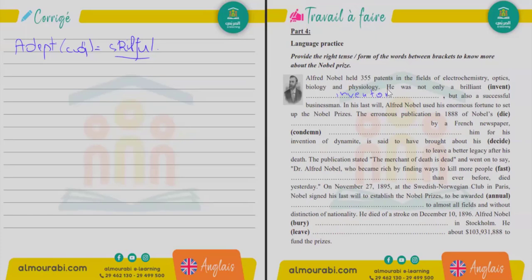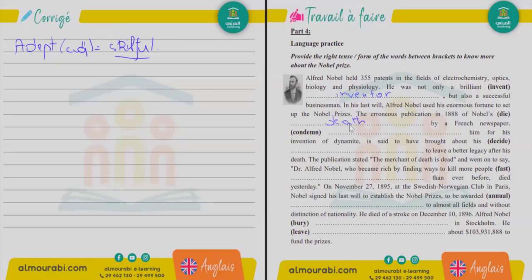The erroneous, or mistaken, publication in 1888 of Nobel's death by a French newspaper.